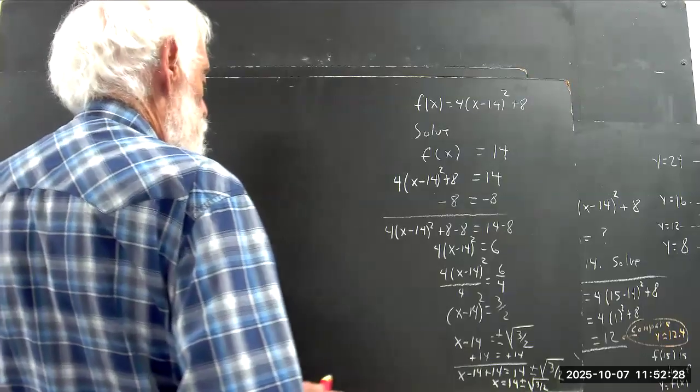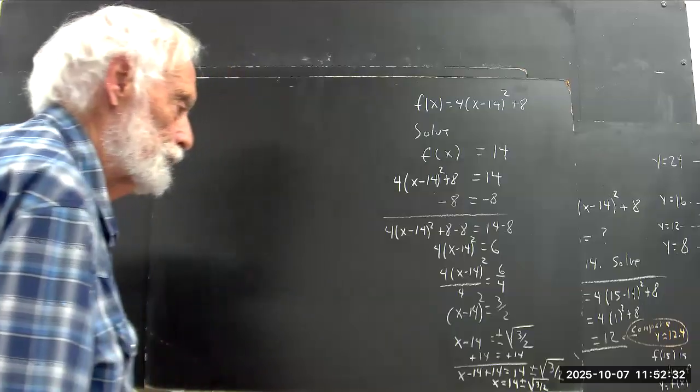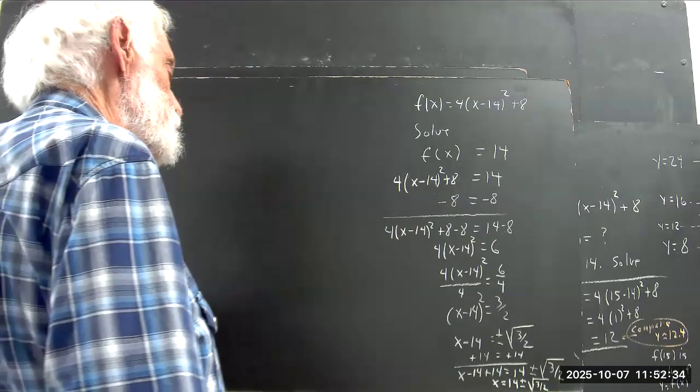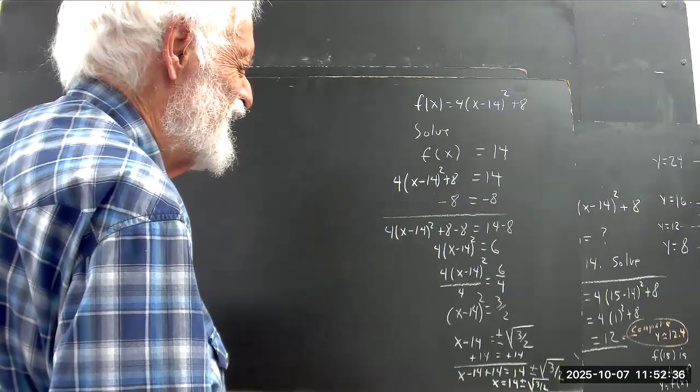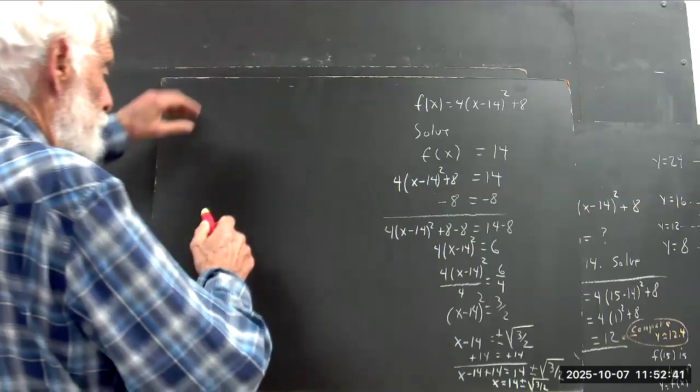Okay. Well, then you want to figure out what the square root of 3/2 is. And it's about 1.2, maybe 1.23.